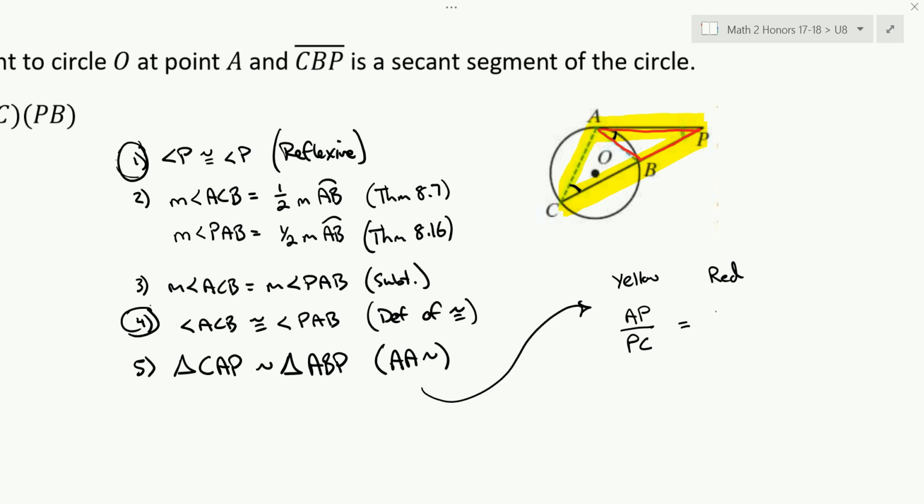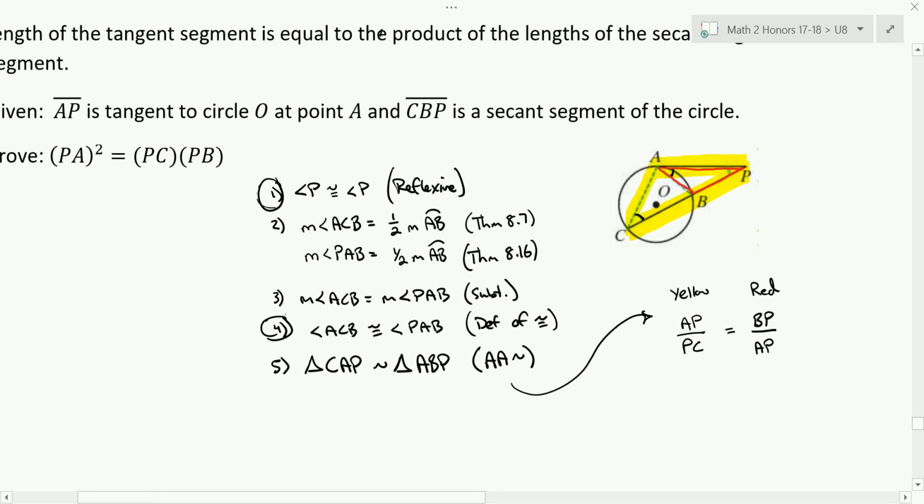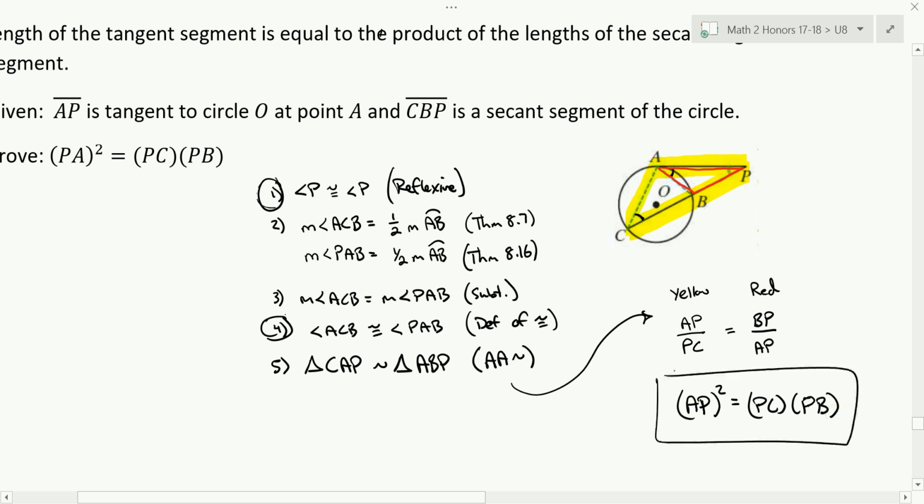So B and P are the last two letters, so it should be B and P. And then PC is going to correspond with what? PA or AP. All right. So now if I cross multiply, I get AP squared is equal to PC times BP, or sorry, PB. And that's exactly what I wanted. Proof done.